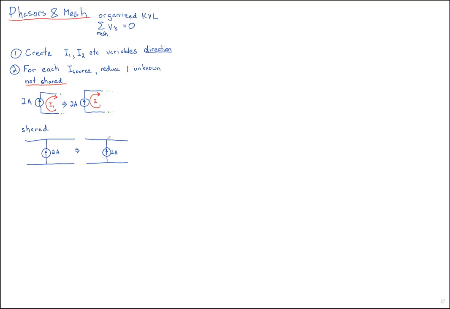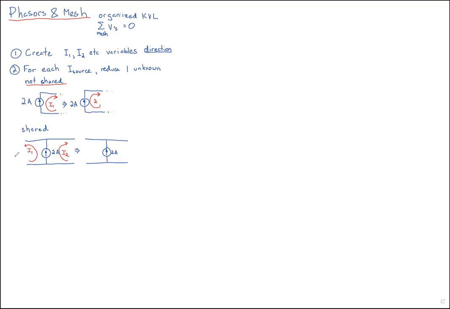So the idea here, if it's shared, is that before we called this current I1, and then we might have called this current I2, and there's more stuff to the right and to the left of this.